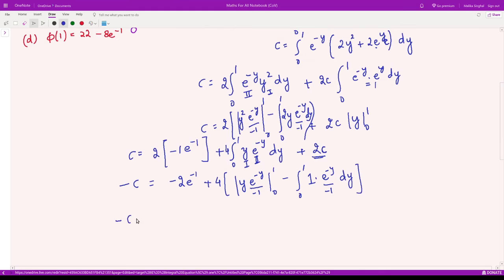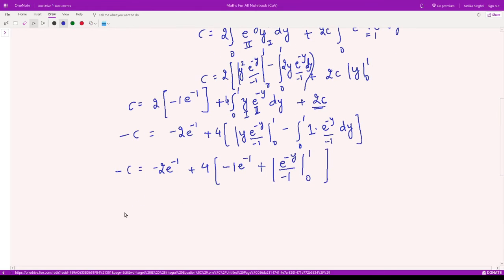So minus c is equal to minus e to the power minus 1 plus 4 times, let me put the limits over here, it would be minus 1 into e to the power minus 1, and 0 would give us 0. This minus and minus would become plus, and the integration of e to the power minus y would give us e to the power minus y upon minus 1, and the limits are from 0 to 1, right?